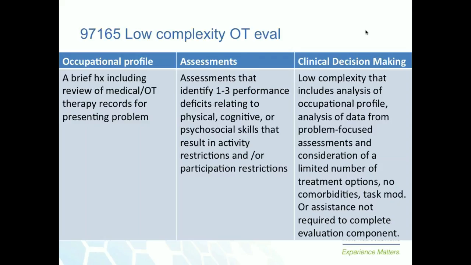Then low complexity that includes analysis of the occupational profile of the patient, the analysis of data from problem-focused assessments, and consideration of a limited number of treatment options, no comorbidities, and that no task modifications or assistance were required to complete the evaluation components.